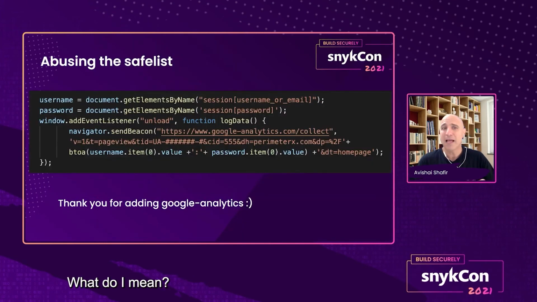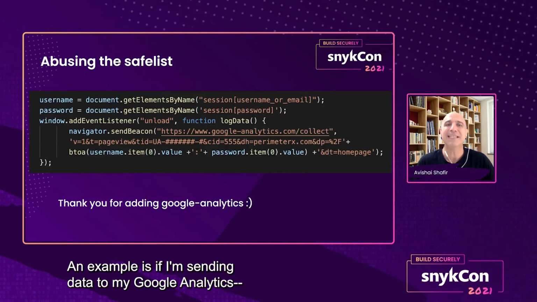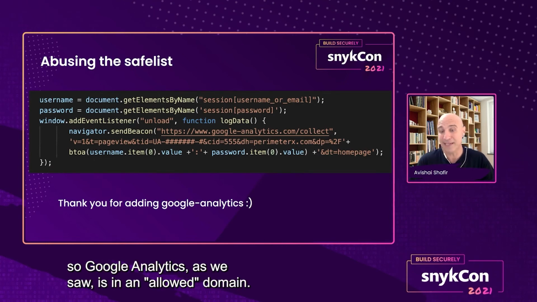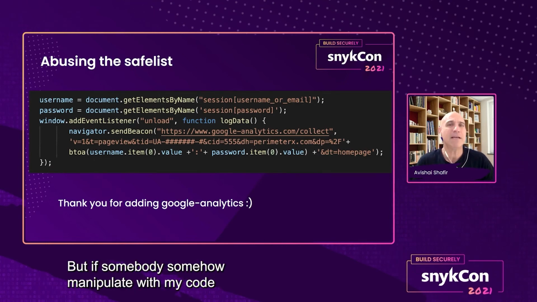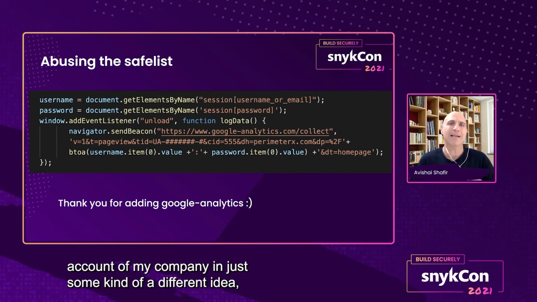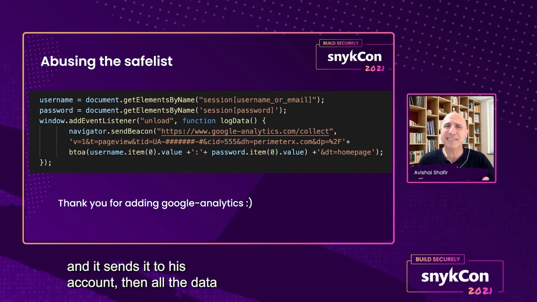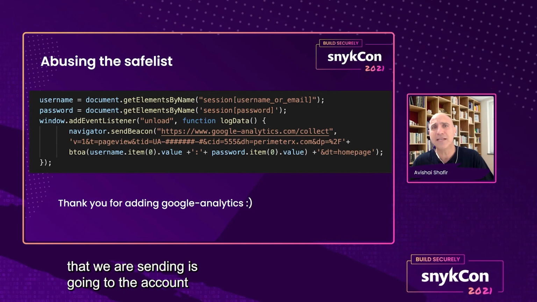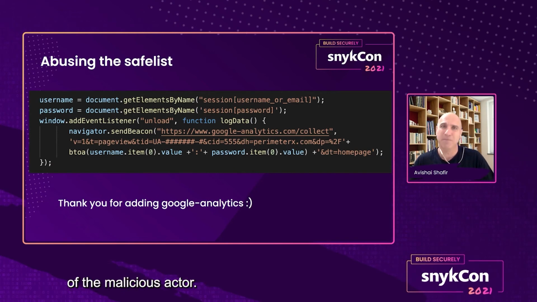What do I mean? An example is if I'm sending data to my Google Analytics. Google Analytics, as we saw, is an allowed domain. But if somebody somehow manipulates my code, and instead of sending it to the Google Analytics account of my company, it injects a different ID and sends it to his account, then all the data that we are sending is going to the account of the malicious actor.